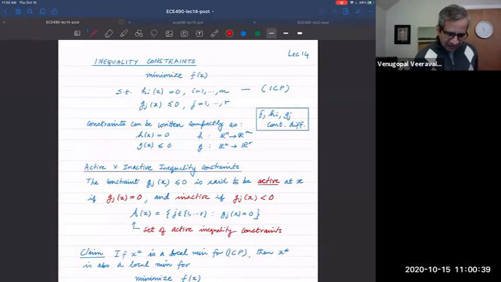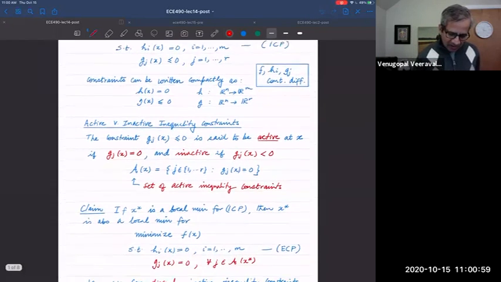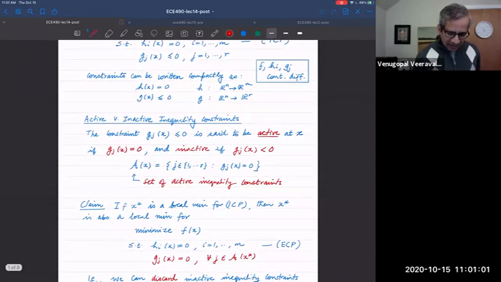So let's briefly review what we talked about last time. We looked at the problem with inequality constraints, so optimization with both equality and inequality constraints thrown in. A key concept when we look at inequality constraints is whether the inequality constraints are active or not.